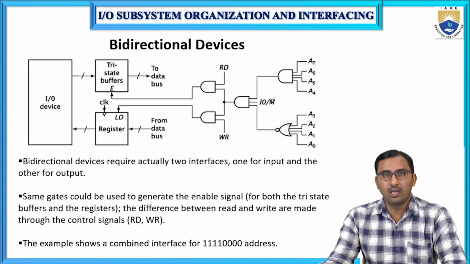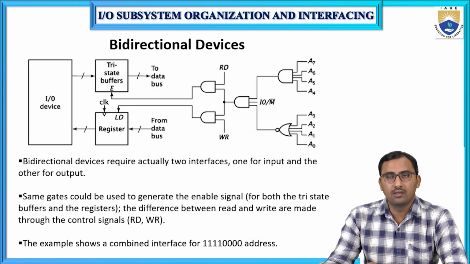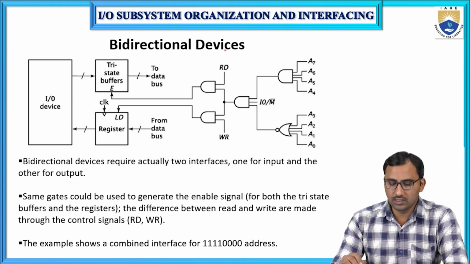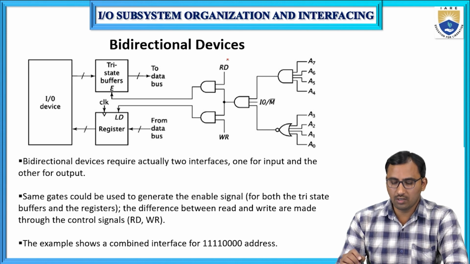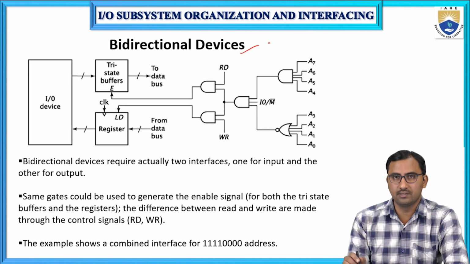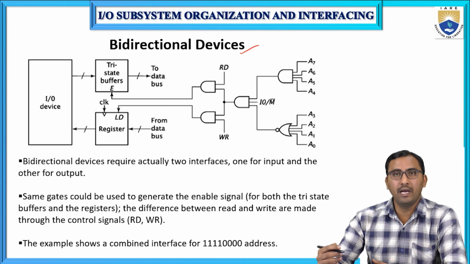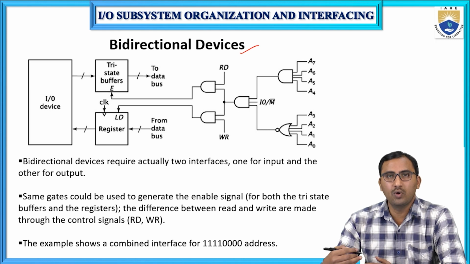Coming to the third type, we have already seen that peripherals are classified into input peripherals, output peripherals, and input-output peripherals. We have seen how to interface the input peripherals and output peripherals. Now it is time to discuss the input-output peripherals, which we can also call bidirectional devices. Here we are combining the circuit of the input peripheral and the output peripheral.